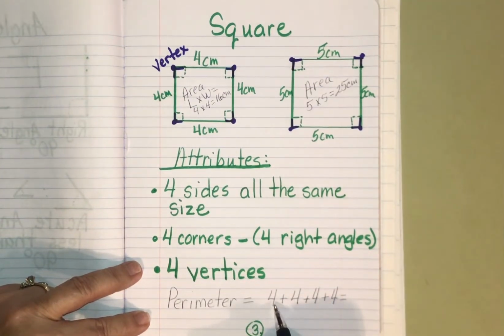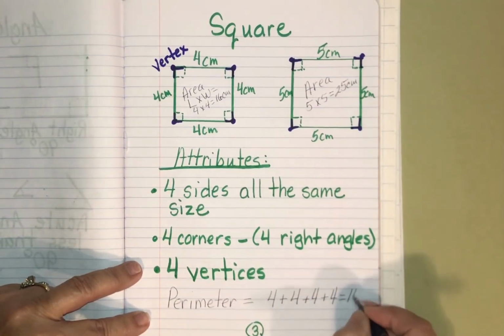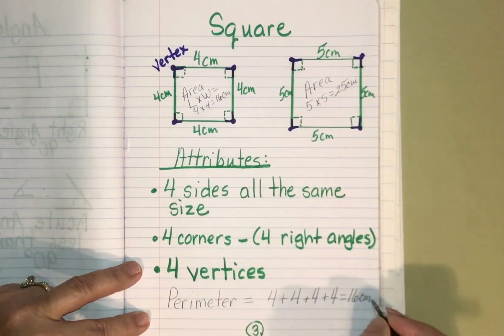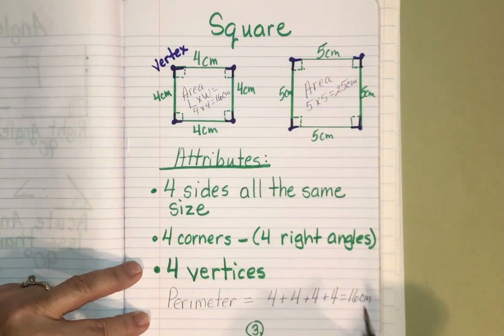We could also multiply because we have 4 of the same numbers. There are 4 4s, that's the same as 4 times 4. We're going to get the same answer. It's 16 centimeters all the way around. Okay? All the way around.